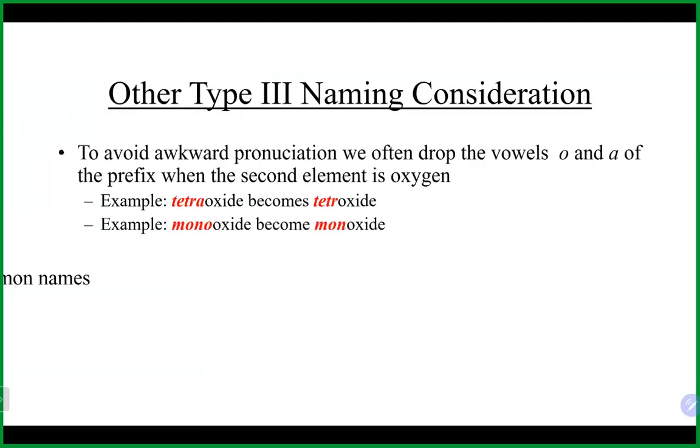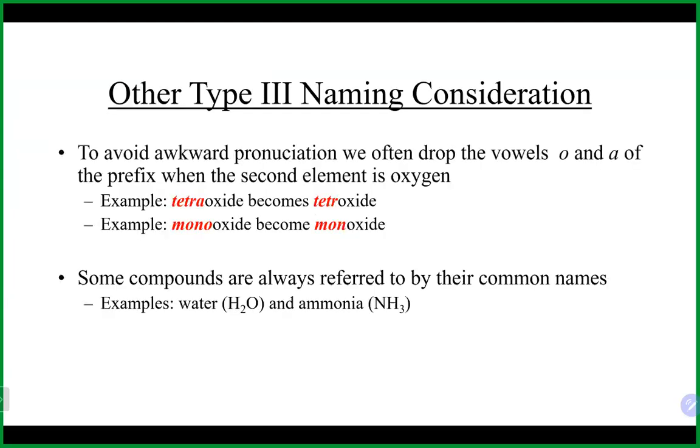And as we just talked about, here are another couple of examples. We have tetraoxide. Here we're going to get rid of the A off of that prefix, and it's going to be tetroxide. And there's our mono, where we're going to get rid of the O. There are still some that go by their common names, as we might have touched upon last time.